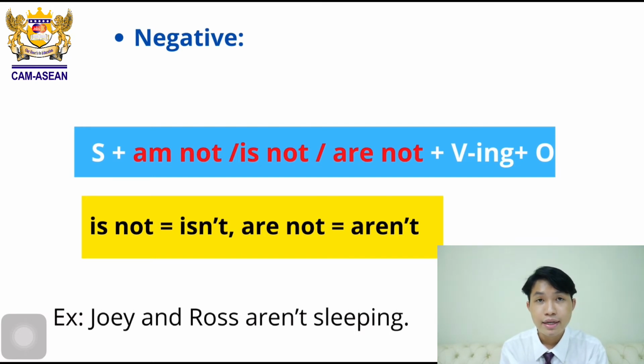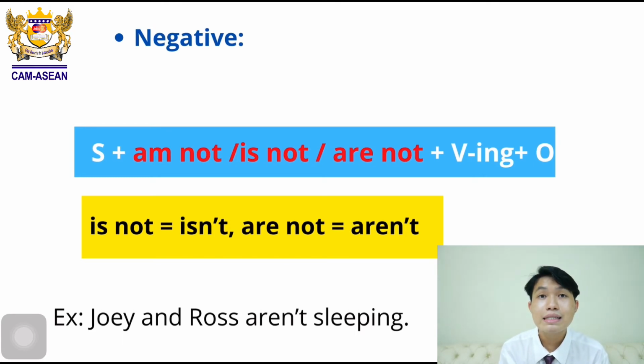Okay? And isn't is short for is not, so you can use either one of them. Both of them are correct. And aren't is just short for are not, so you can use either one of them, and both of them are correct as well.